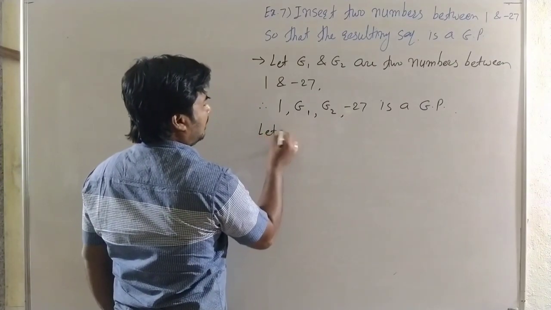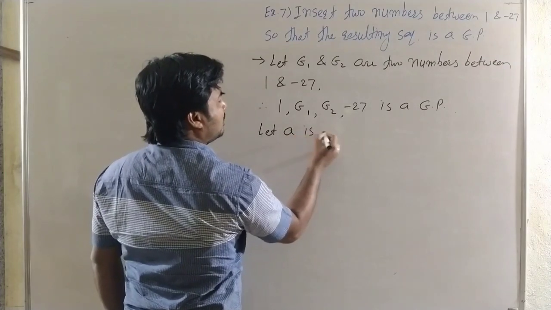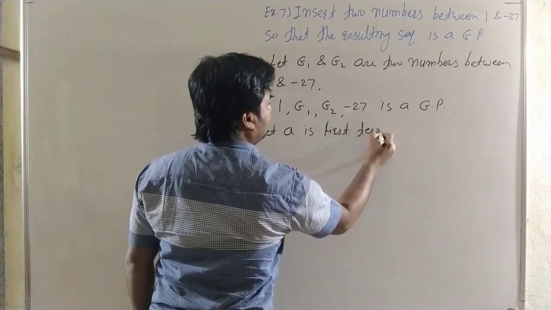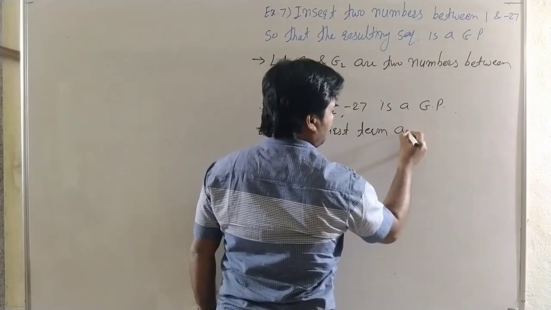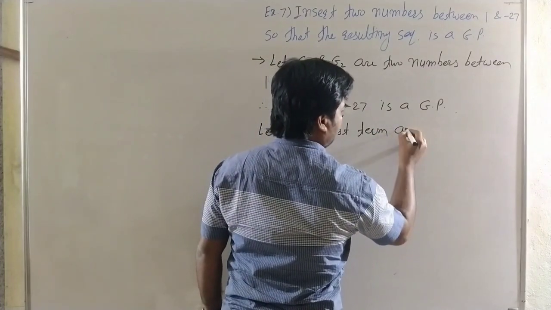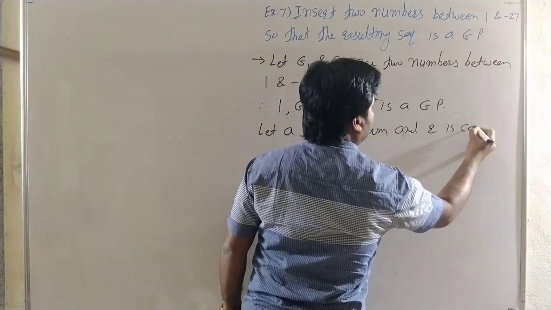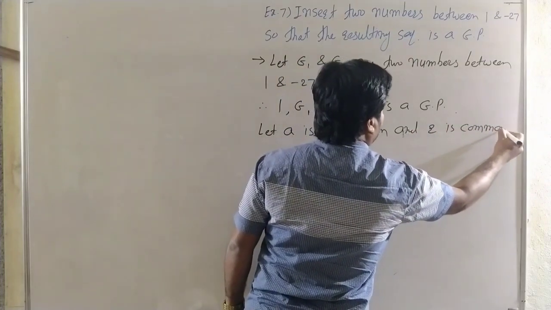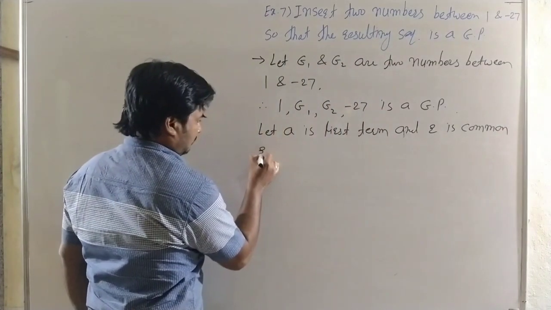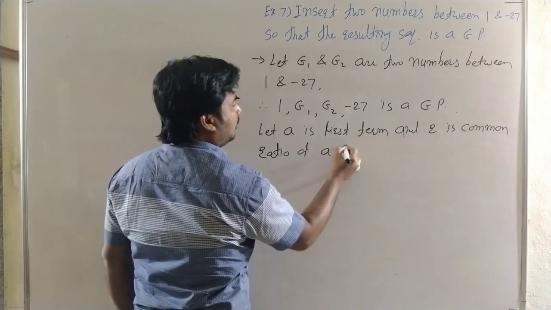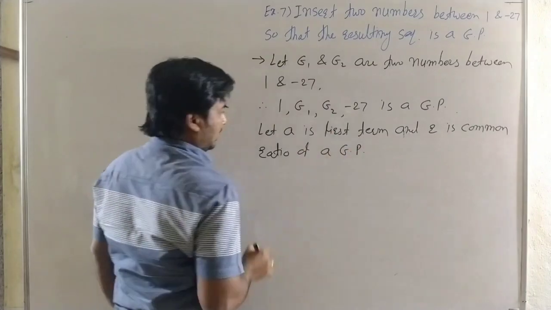Now, let A be the first term and R be the common ratio of the geometric progression.